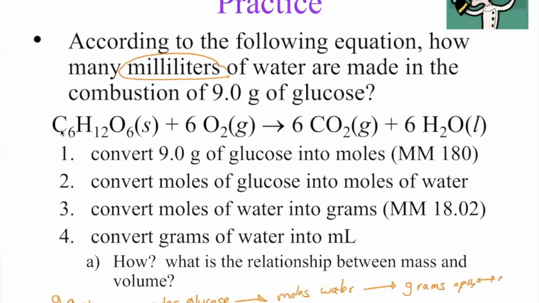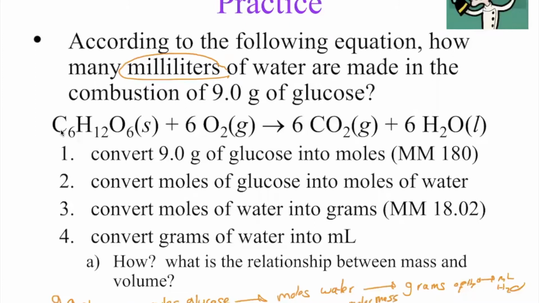to milliliters of water. So from grams to moles, you're going to use the molar mass of glucose. From moles of glucose to moles of water, you're going to use the balanced equation. From moles of water to grams of water, you're going to use the molar mass of water.